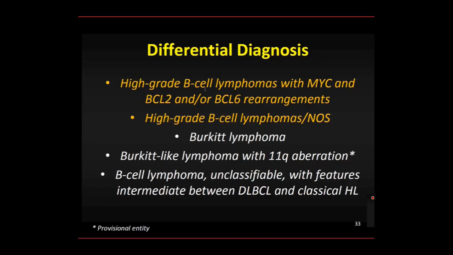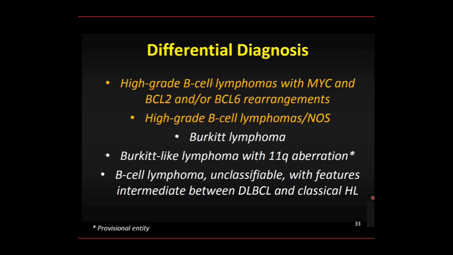And in the last edition of the WHO classification, we did have the description of new entities that we call high-grade B-cell lymphomas with MYC and BCL2 and/or BCL6 rearrangements, which we can also define double hit or triple hit, meaning that you need translocation of MYC and usually translocation of BCL2, sometimes translocation of BCL6, sometimes translocation of all the three.